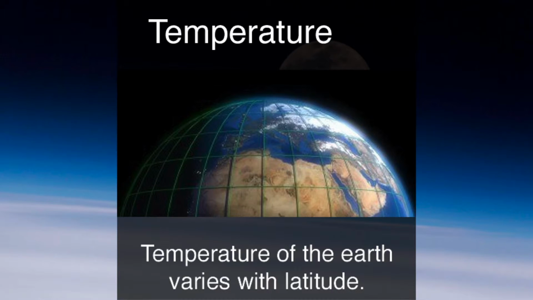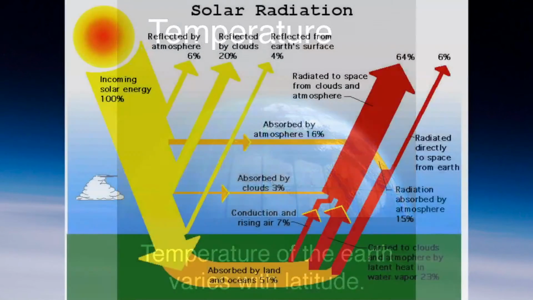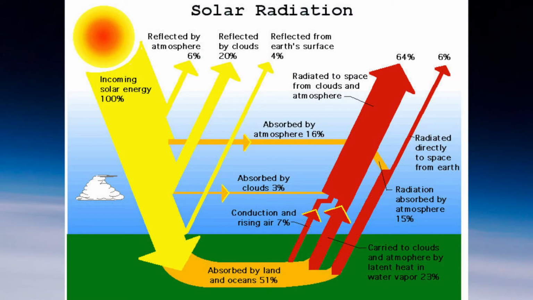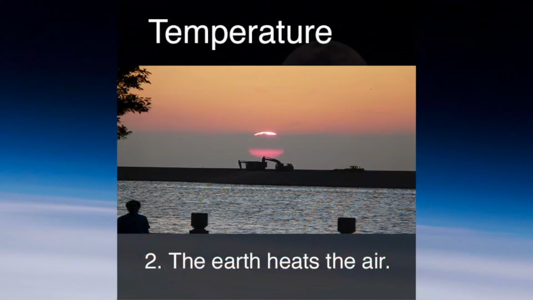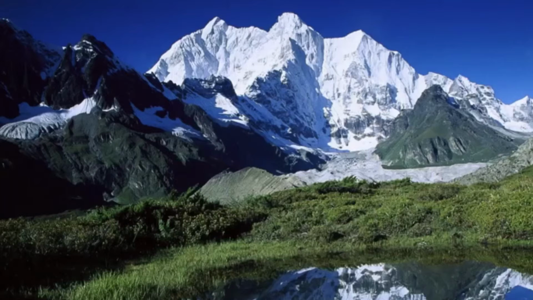The second rule that we'll look at in understanding the temperature of the atmosphere is the rebound principle. That is to say, the sun, or solar radiation, heats the Earth, and the Earth heats the air. This is obvious to anyone who's ever looked at a mountain, because at the top of the mountain, snow collects because it is cold near the top of the mountain, much colder than it is in the valley.